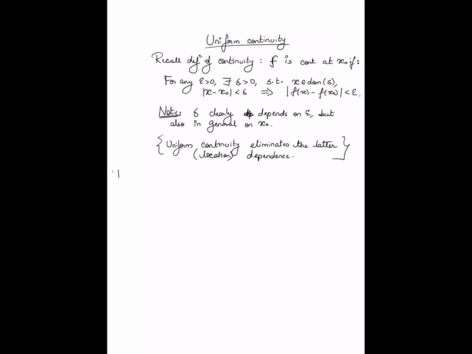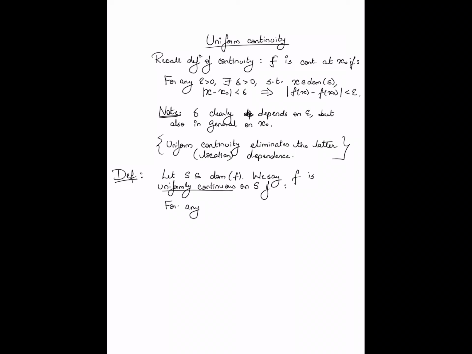Okay, so with that, let me give you the formal definition of uniform continuity. Let S be some subset of the domain of the function f. We say that f is uniformly continuous on S if the following condition is true.